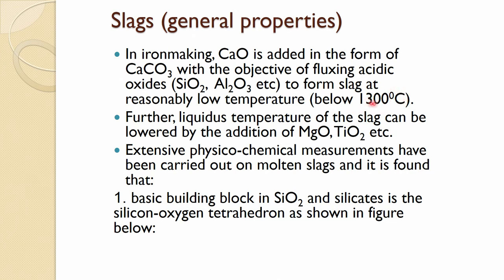Though this is still high, if you remember what we just discussed, if 4% carbon is present in pure iron, then the pure iron liquidus temperature reaches almost 1200 degrees Celsius.